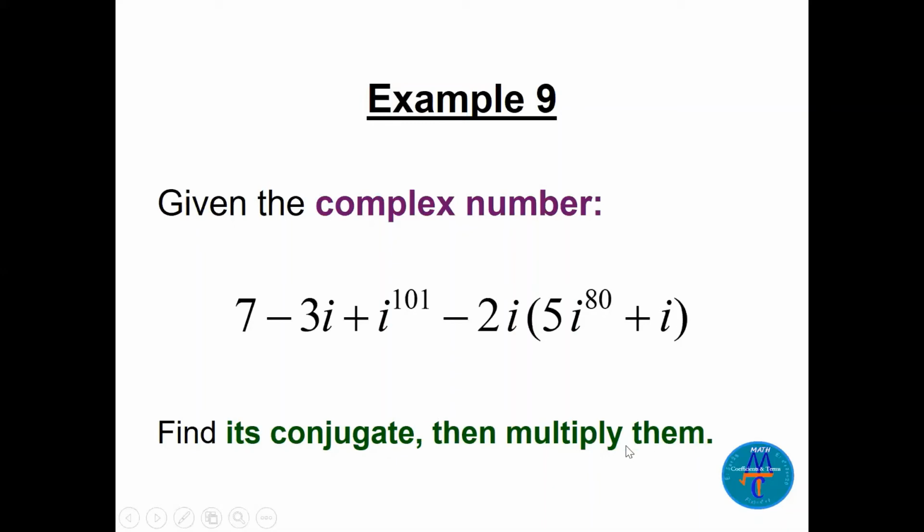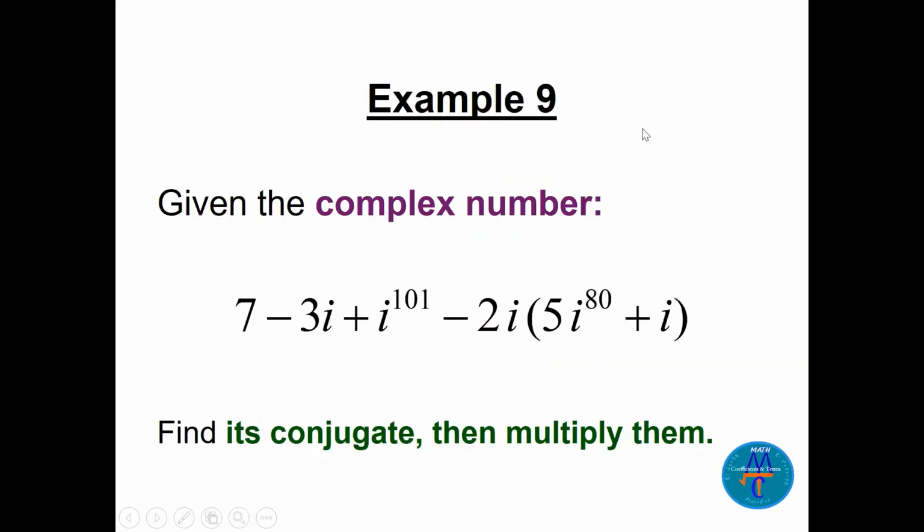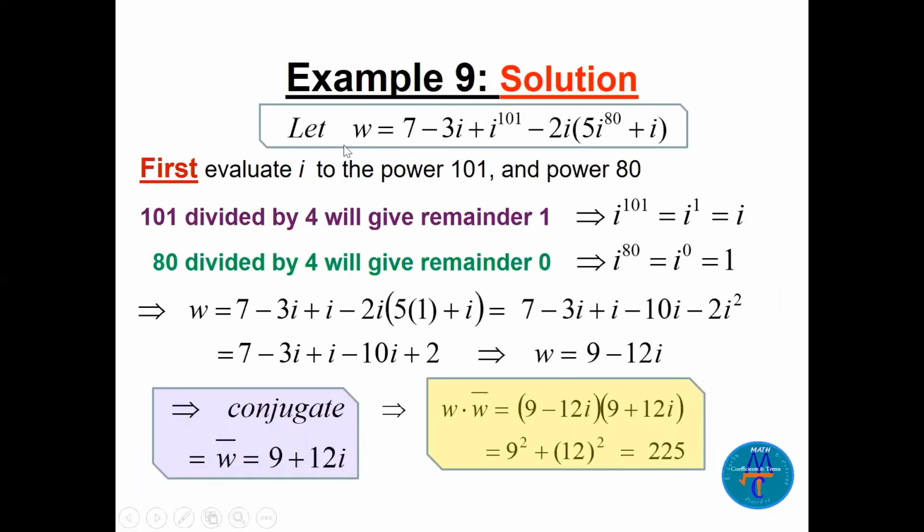Multiply them, multiply the complex number after you simplify it by the conjugate. Now you can call it something here. You can call it complex number Z, you can call it X, you can call it Y. I call it W, just to make things easy. Let W, all this is W, same numbers, see? Same numbers. Now let's look at the power on the i, 101.